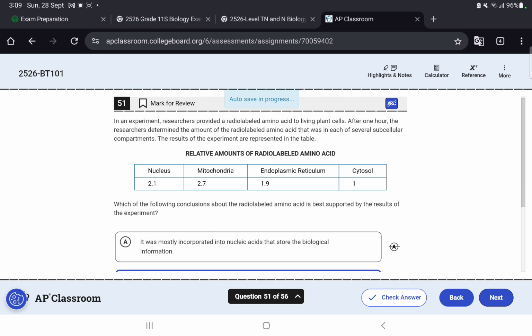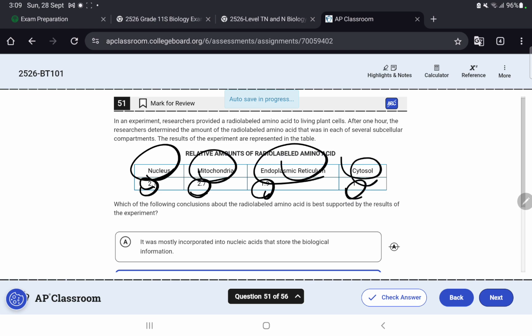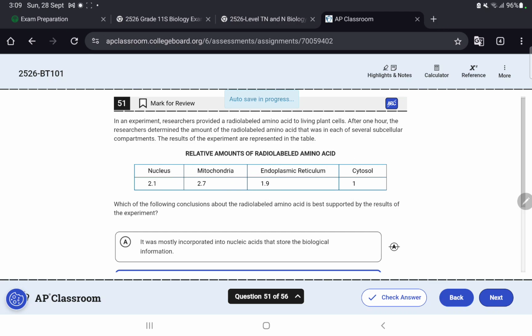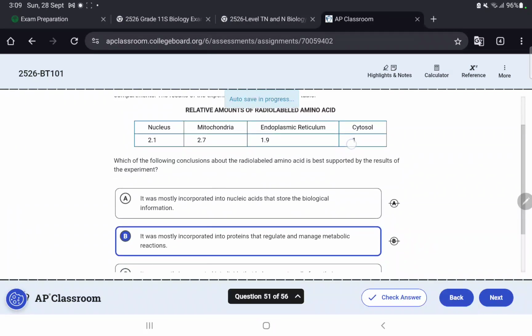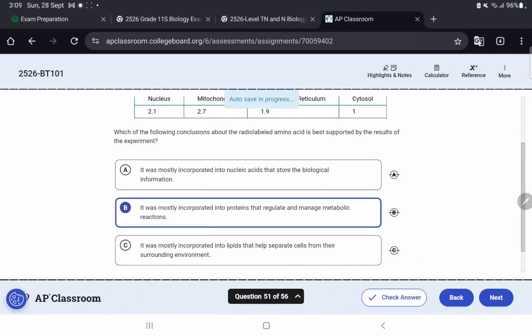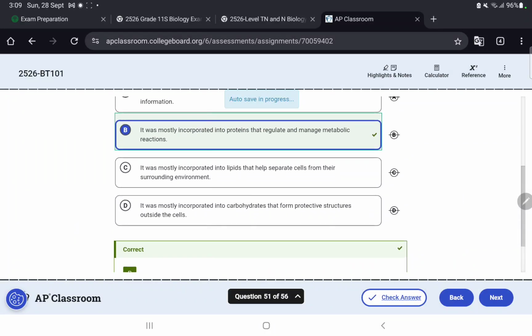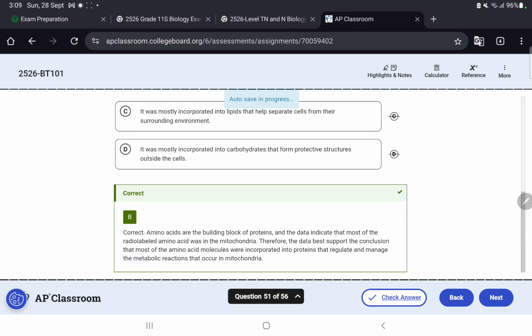The results of the experiment are reported in the table. So this much was found in the nucleus, this much was found in the mitochondria, this much was found in the ER, and this much in the cytosol. The mitochondria had the biggest concentration, meaning most of it was used in the mitochondria, meaning it was used to manage metabolic reactions. Okay, it was mostly incorporated into proteins that regulate and manage metabolic reactions.